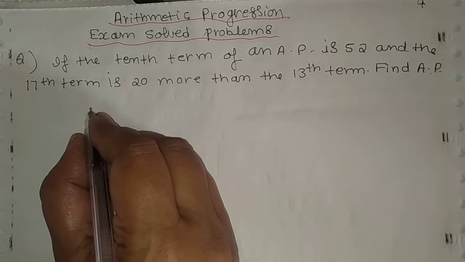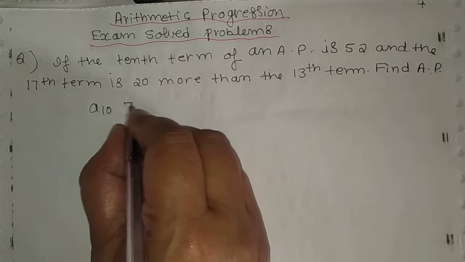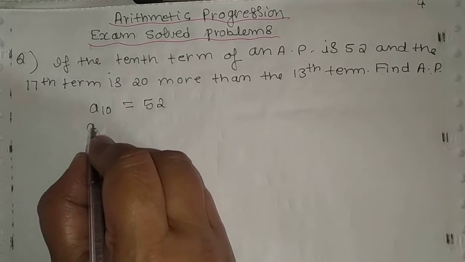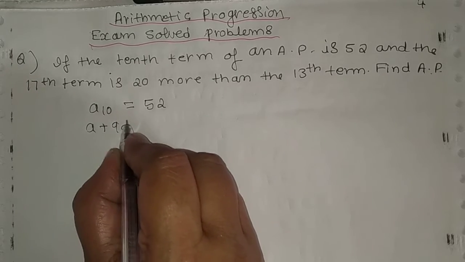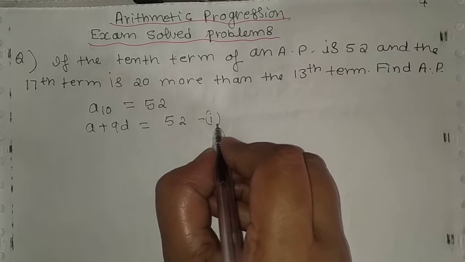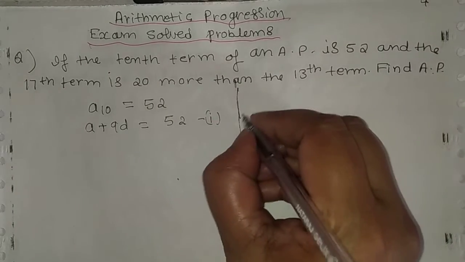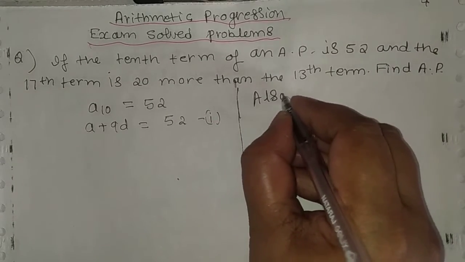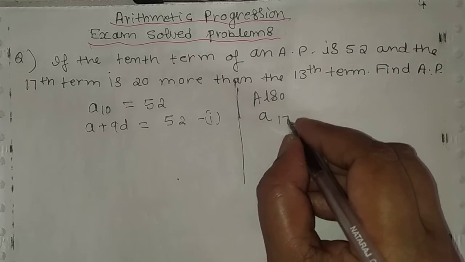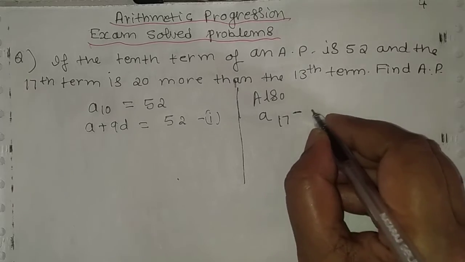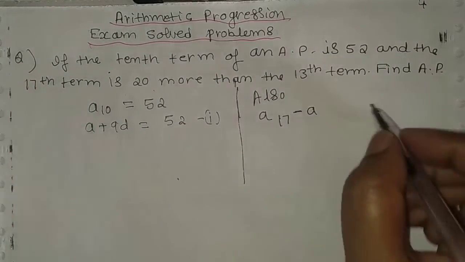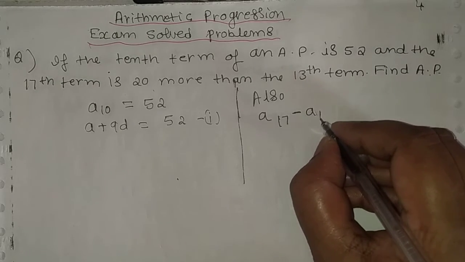So we'll directly write down, the 10th term of the AP is 52, they have given, that is we can write A plus 9D is equal to 52, this as the first expression. Then also we have that the 17th term is 20 more than the 13th term.